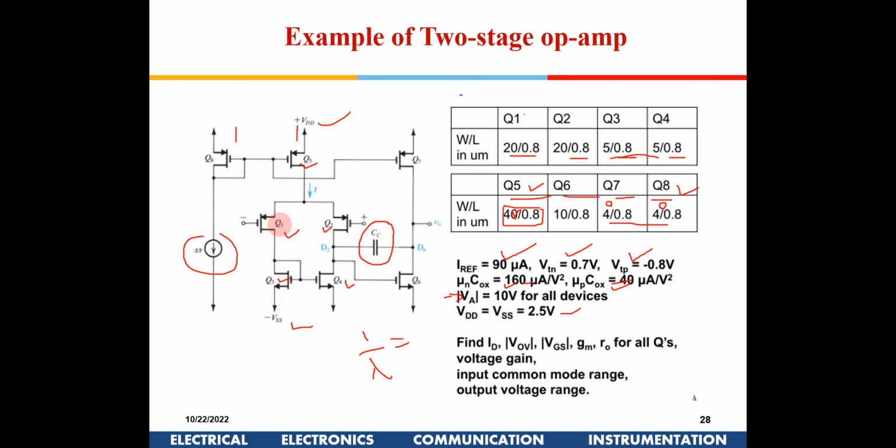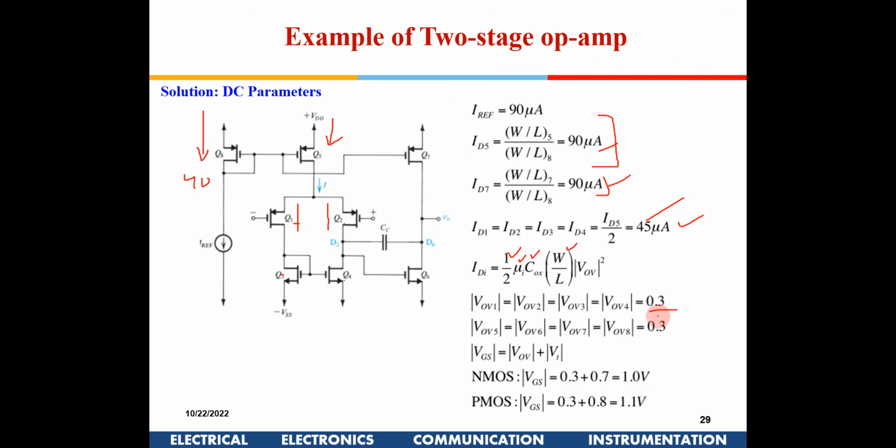The W of the PMOS, Q1 and Q2, is 4 times the W of the NMOS, and also mu n is 4 times mu p. So if the currents are the same, then the overdrive voltages will also be the same. Hence the overdrive voltage for all 4 transistors will come out to be 0.3. Is it okay? How this computation has been done?